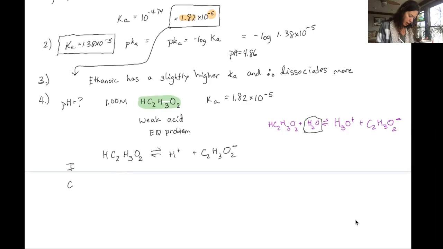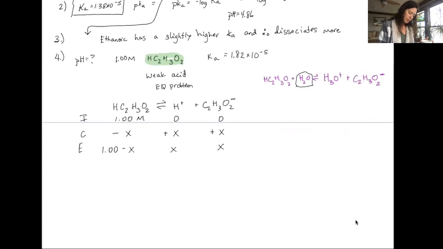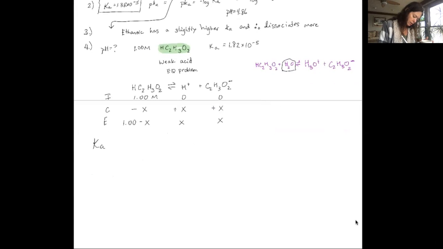All of these will require ice charts. We have 1.00 molar, initial is 0, minus x plus x plus x, 1.00 minus x, x, and x. We have a Ka that is equal to the hydrogen ion concentration times the acetate ion concentration over the acetic acid, or the ethanoic acid, whichever you want to call it.